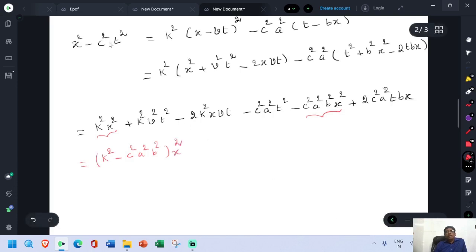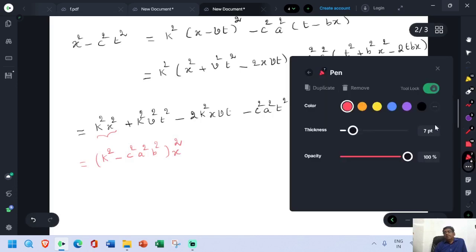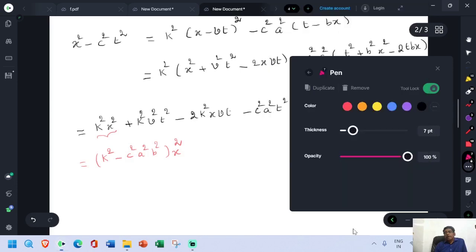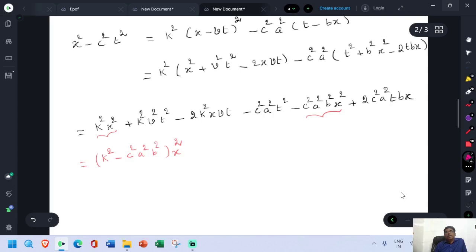Then see here, minus c square t square term is available in the left hand side. Now we have to align the terms with the minus c square t square. See here, this is the term with minus c square t square.